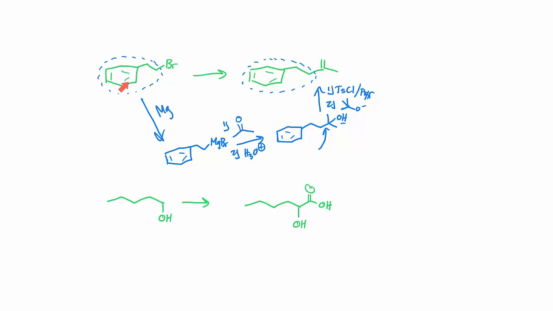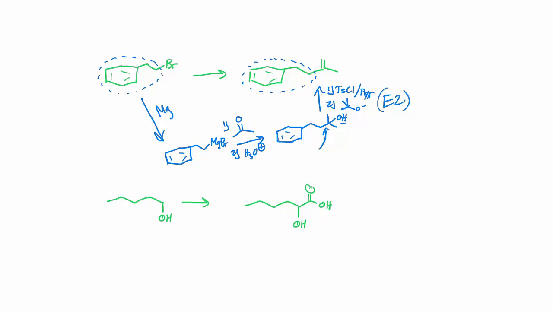So here I have Grignard formation, 1 step, react it with the aldehyde and mild acid workup, 2 steps, and then tosylation and elimination in an E2 Zaitsev-Hofmann type product, the less substituted alkene, using the large bulky base. So this is just an E2 reaction right here in the last step.